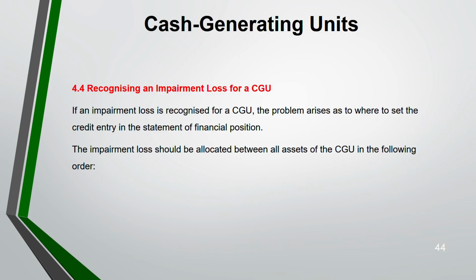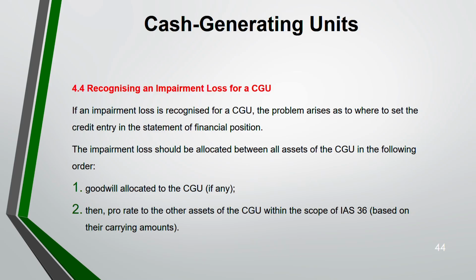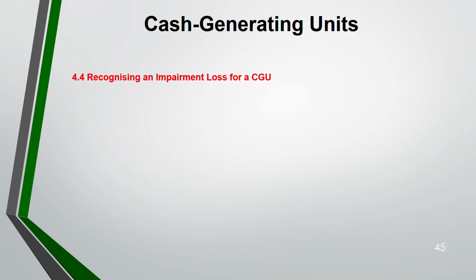So the impairment loss has to be allocated between all assets of the CGU in this order. First, against goodwill that is allocated to the CGU, if any. Then pro rata on the other assets of the CGU within the scope of IAS 36 based on their carrying amount.